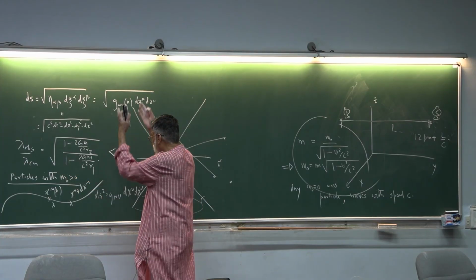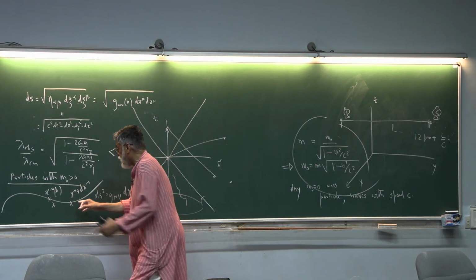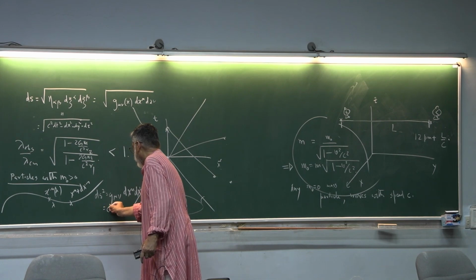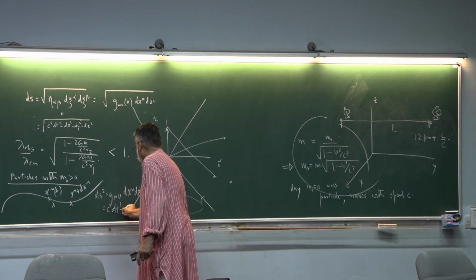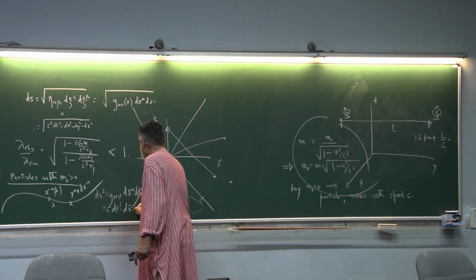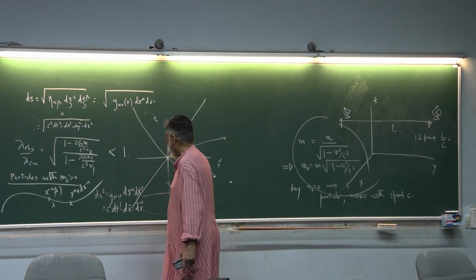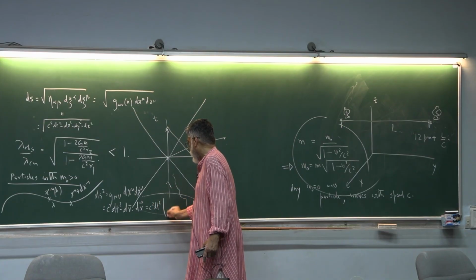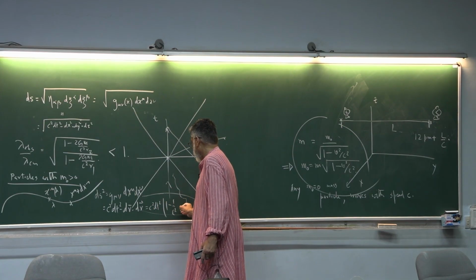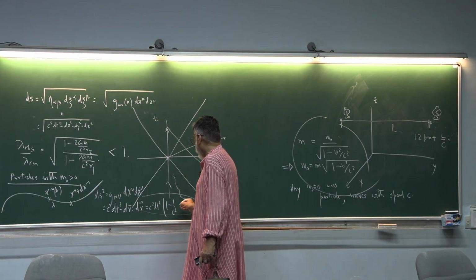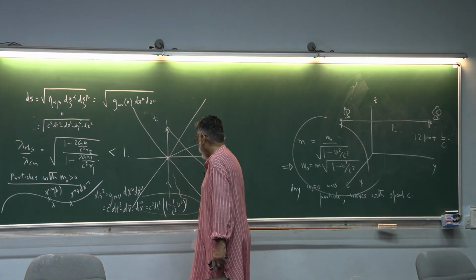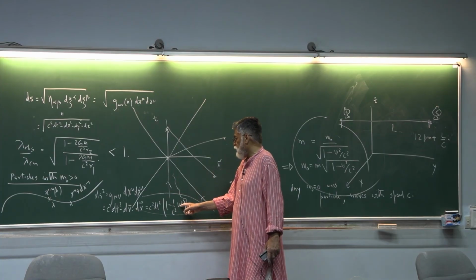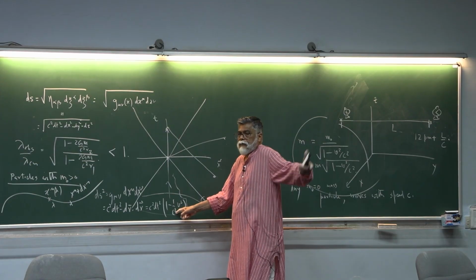Why? Because in the local inertial frame viewing these two events, it will be c² dt² − dr·dr. So if I take c² dt² common, I will get 1 − (1/c²)(dr/dt)·(dr/dt), which is v², velocity squared. And for a particle with positive rest mass, v²/c² is less than 1.